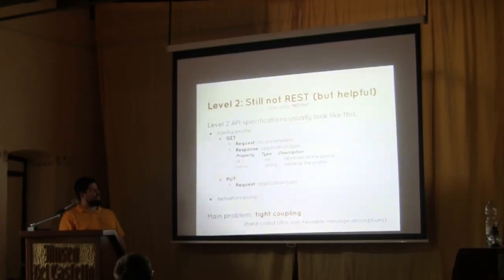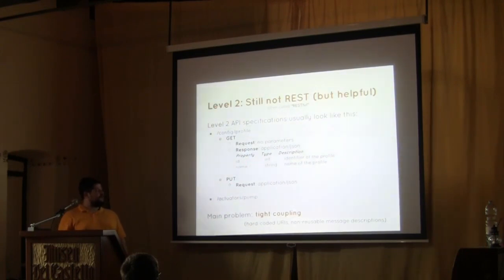It will tell you there's no request, but the response will be a JSON object with these fields, and that's what they mean. Then you, as a developer, can take this value and do something with it. The same if you want to change something: it tells you to do a PUT request with a JSON, and gives you the same specification of what's going on.